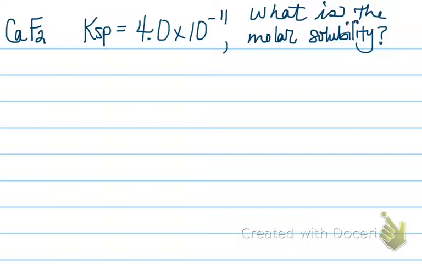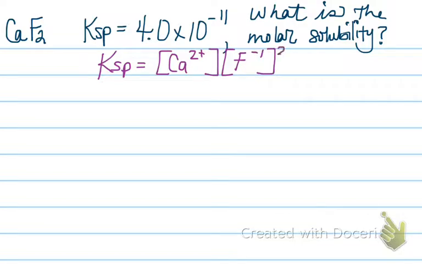So we know that the Ksp expression is going to be the concentration of calcium ions times the concentration of fluoride ions squared.